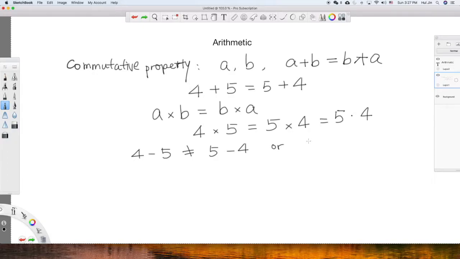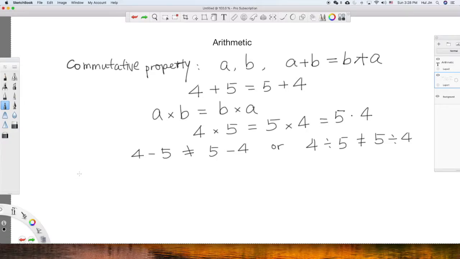Or another, 4 divided by 5 is definitely not equal to 5 divided by 4. And we're going to see that we can do a simple fix to subtraction and division, and commutative property is going to hold as well with that fix.